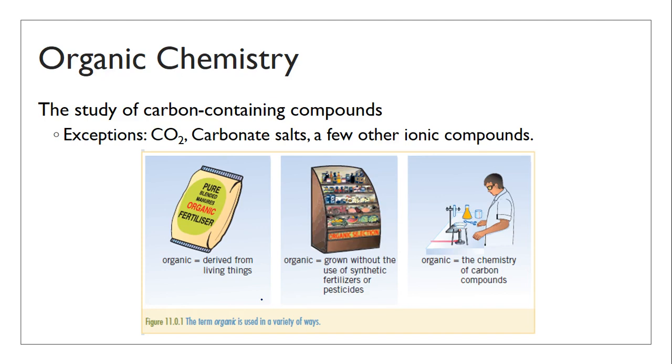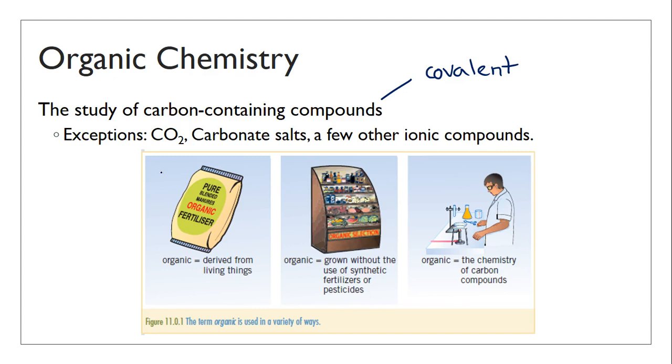Now, the definition of organic in chemistry is it is the study of carbon-containing compounds. They are all covalent. So organic chemistry you can think of as an example of covalent molecules and also covalent lattices if we have time to get to that.